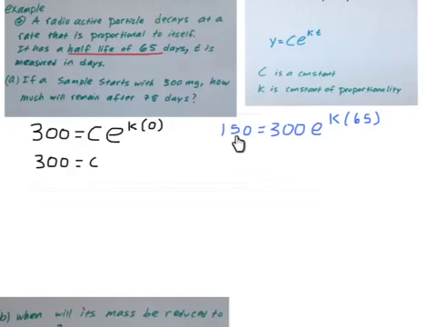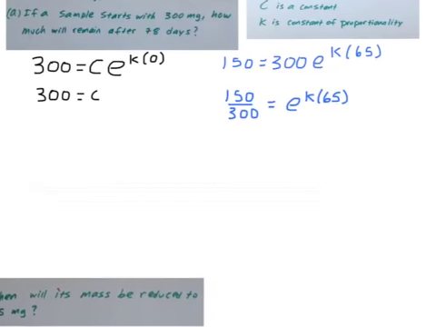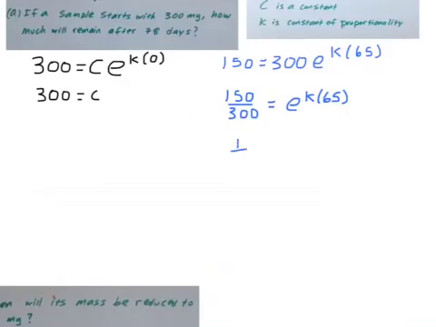Alright, so go ahead and solve this. I'm going to divide both sides by 300. So it's going to give me 150 over 300, and that's going to be equal to e to the k times 65. I go ahead and reduce this. 150 divided by 300 is going to give me 1/2. So I can say that 1/2 is equal to e to the k times 65. And then to undo the exponential base, I'm going to take ln to both sides.